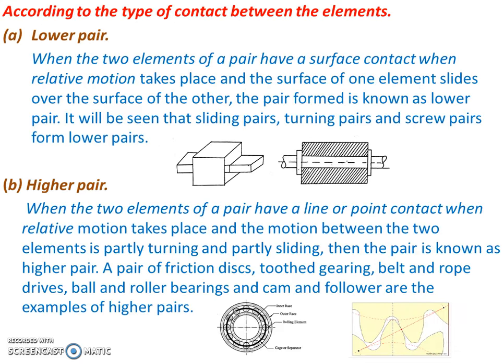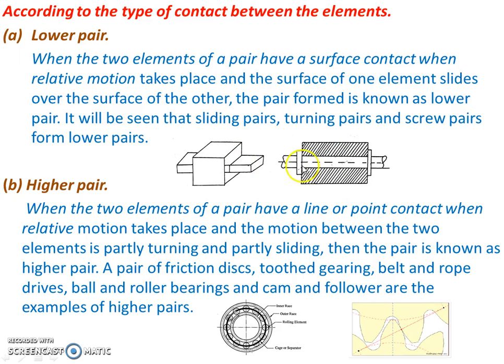Next, there are different types of kinematic pairs. Here, we are going to concentrate on only lower pairs and higher pairs. Lower pairs are those in which the two elements of the pair have surface contact. Surface contact means the surface area will be in contact when the relative motion takes place. Then it is called a lower pair.